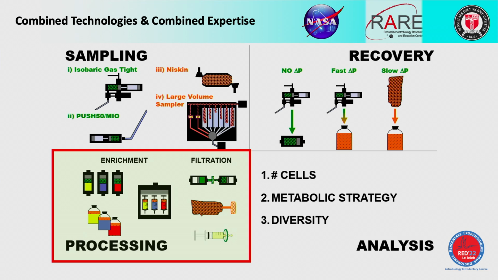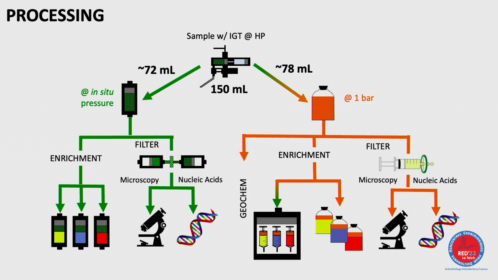For processing, we processed non-decompressed samples and decompressed samples, as you can see here. Non-decompressed samples were enriched under in situ pressure conditions without any decompression. And for the ones that were decompressed, we recompressed them and also kept some at ambient pressure conditions.